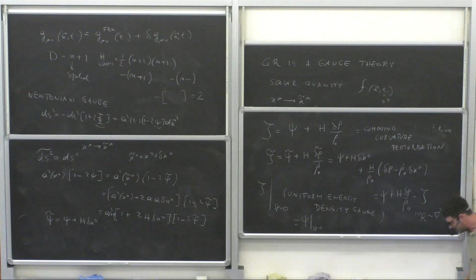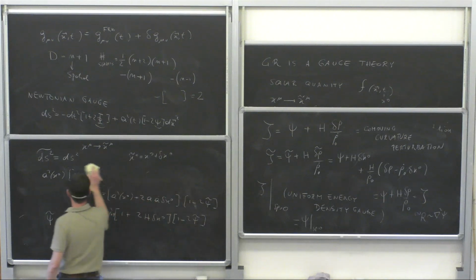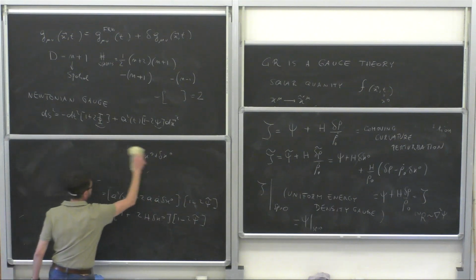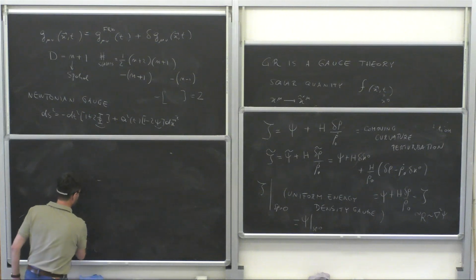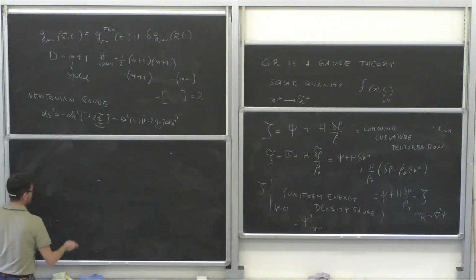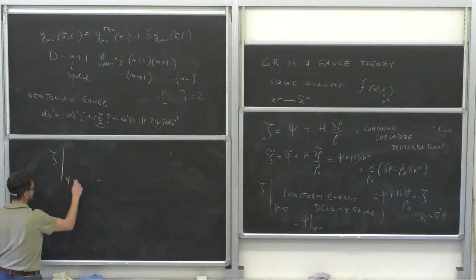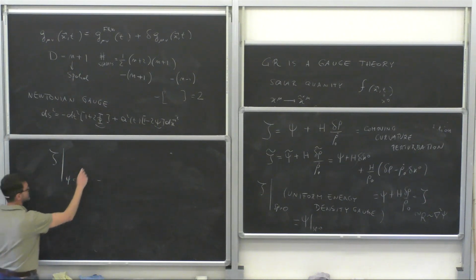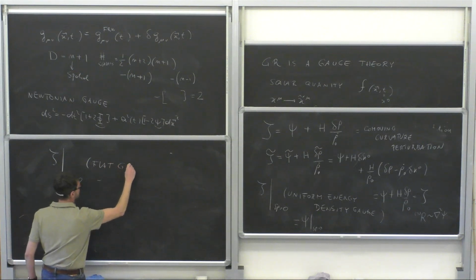On the other side, I can also choose a gauge where not the delta rho, but the psi is equal to 0, because I am free to do it. So what happens? You see the zeta computed in the gauge in which psi is identically 0 is called the flat gauge.